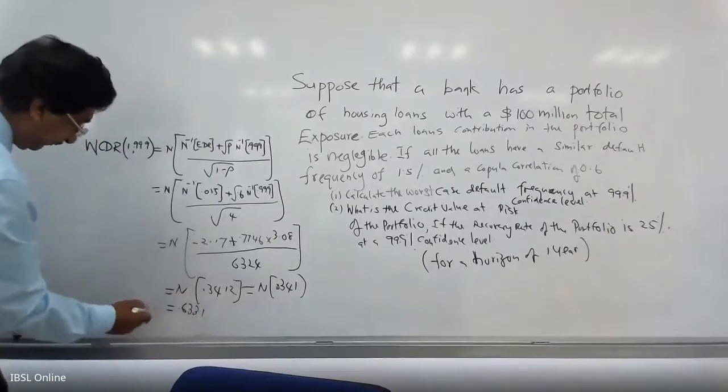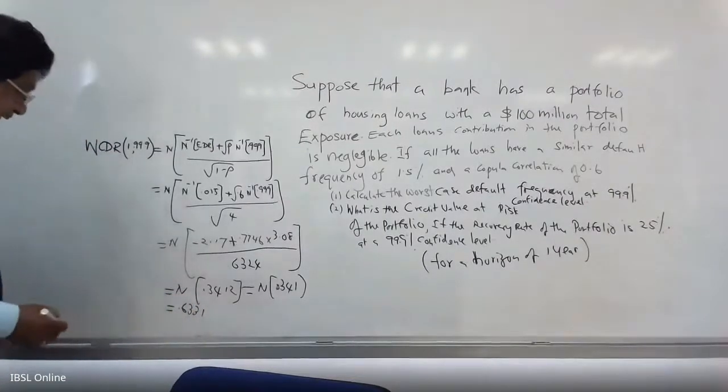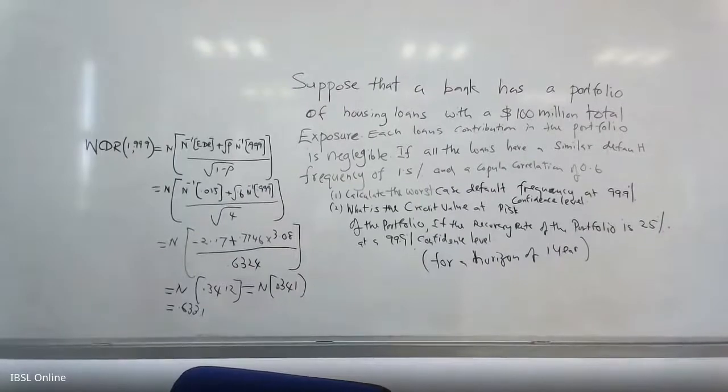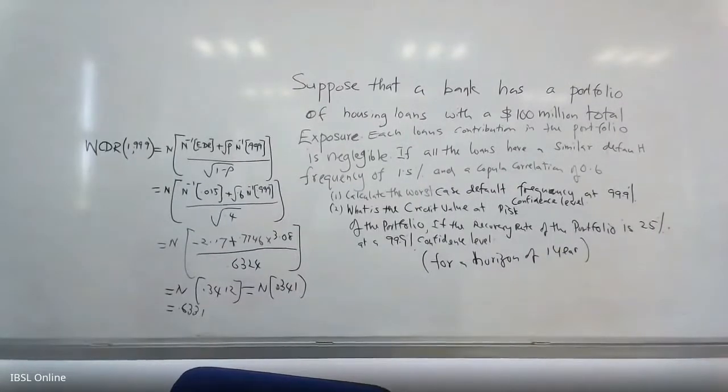So you can see the worst case default rate will be 0.6331, that is 63.31%. When you say 63.31, that is a very high probability of default.